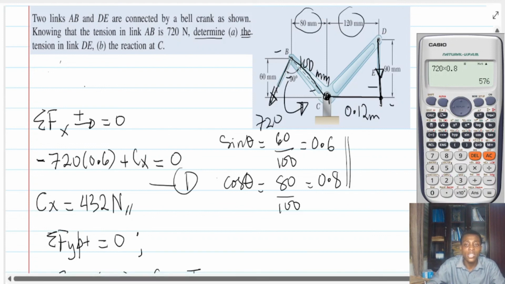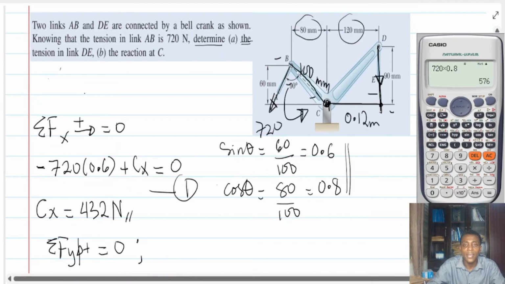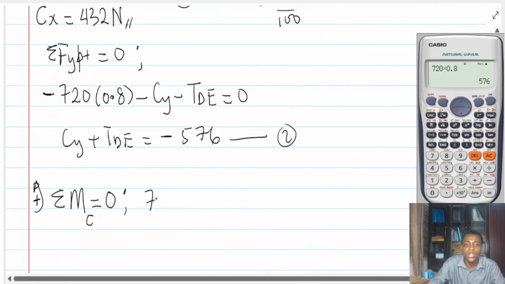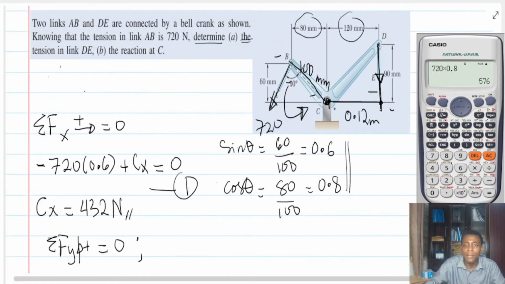And the counterclockwise is positive. So it's going to be 720 multiplied by the distance, which is 100 mm, so 0.1. That is 0.1 meters, right?